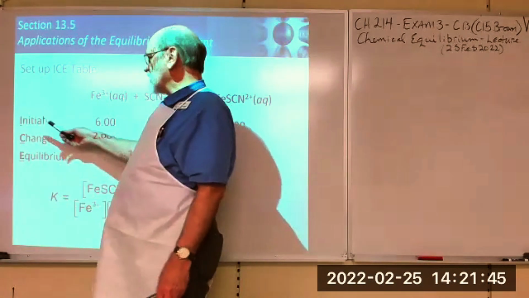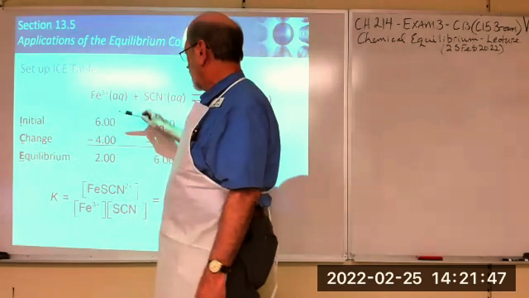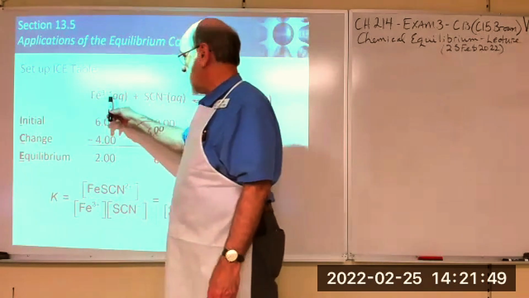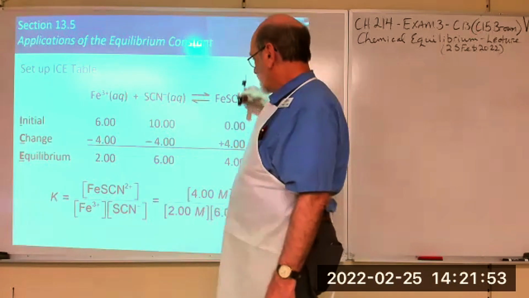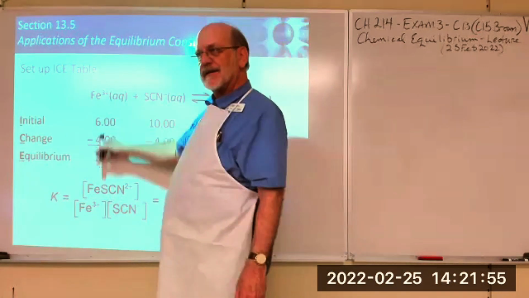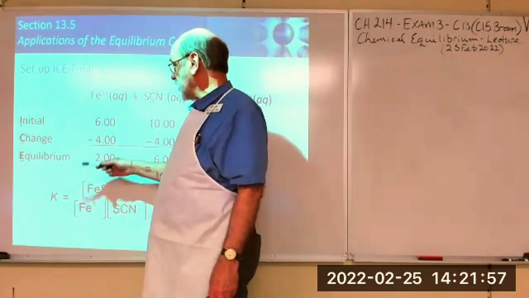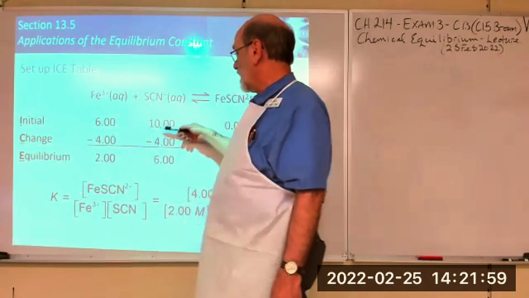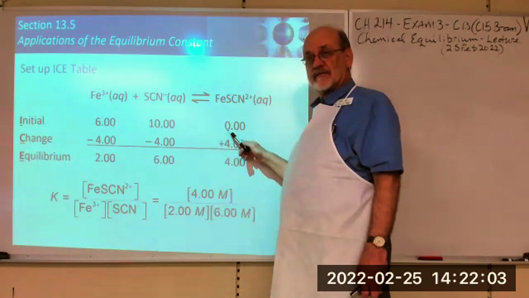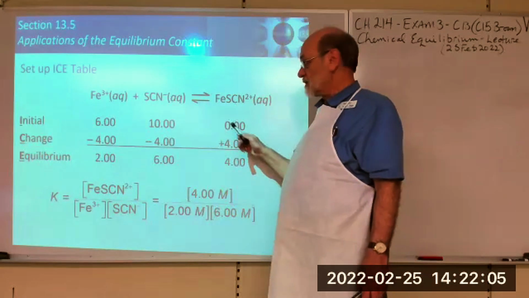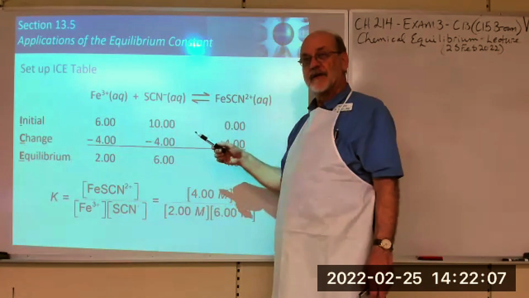So you say, what are your initial conditions? And I like to set up the balanced equation here and then make a table underneath it for the values. So the initial concentration is 6 molar iron, 10 molar thiocyanate, and 0 product. Right? There's no product. It just says we mix those two together.